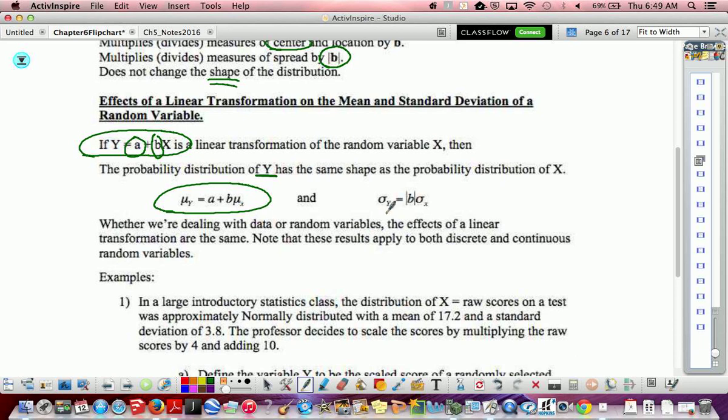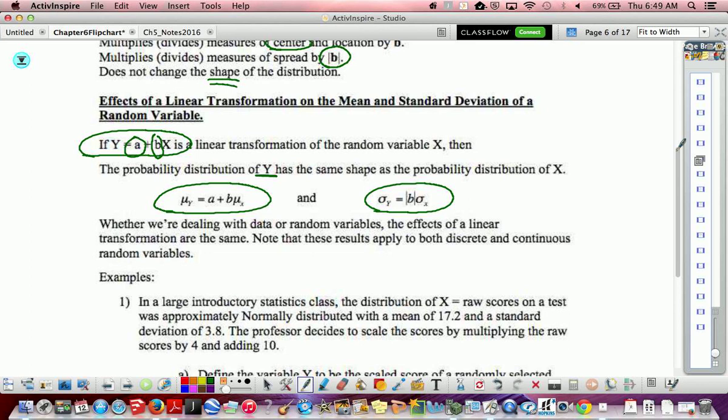Likewise, the standard deviation of y can be found by taking the absolute value of b times the standard deviation of x. Notice how this doesn't have the plus a. It doesn't change it. So the biggest key is, can you write your linear transformation and then apply the rules?